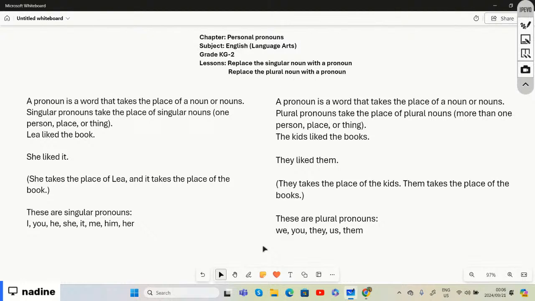Our subject is English language arts. We're doing grade kindergarten to 2.